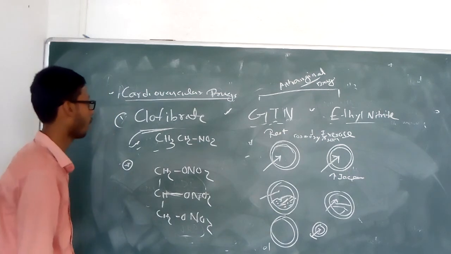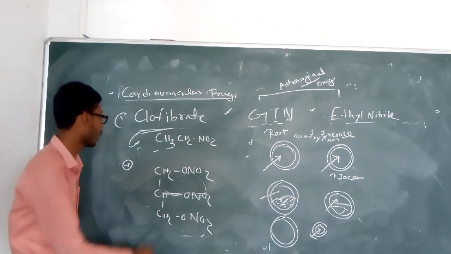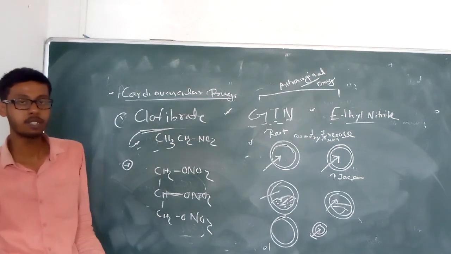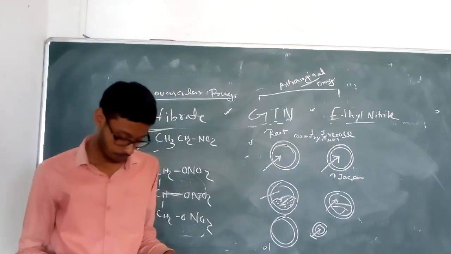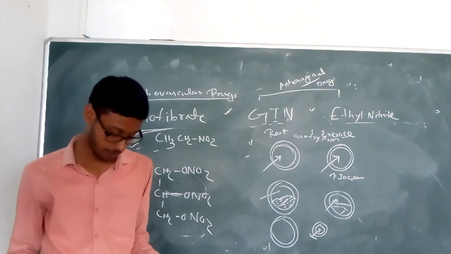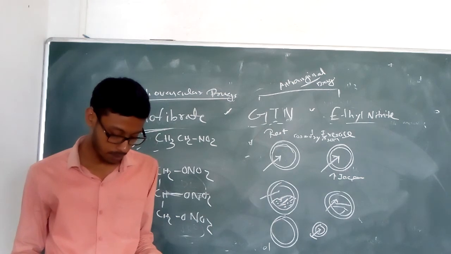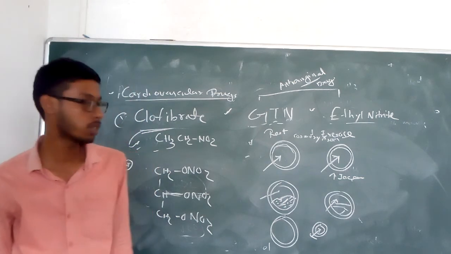It is also available under the brand name of nitroglycerin. This is used as a treatment of the angina pectoris, used to decrease the blood pressure, or also used as an antihypertensive. Now the physical property is a heavy pale yellow oil, slightly soluble in water.